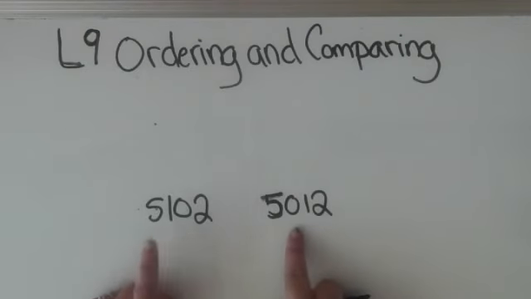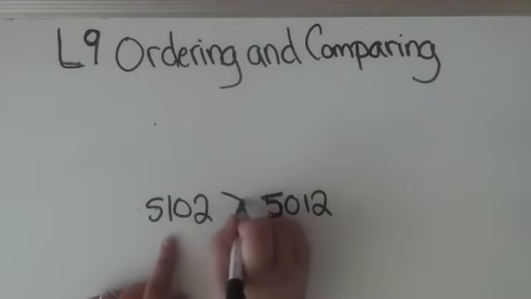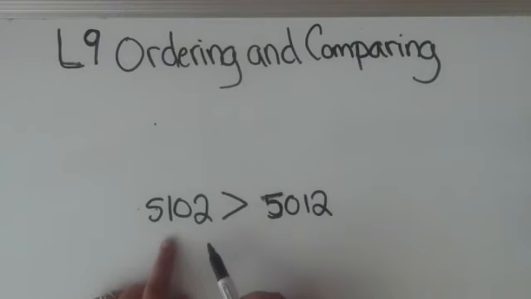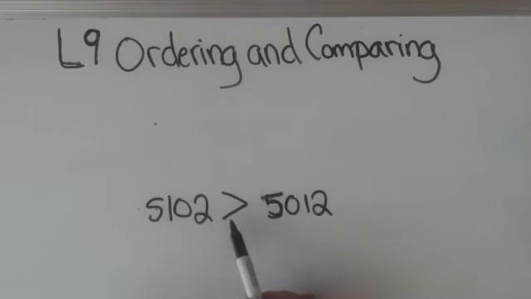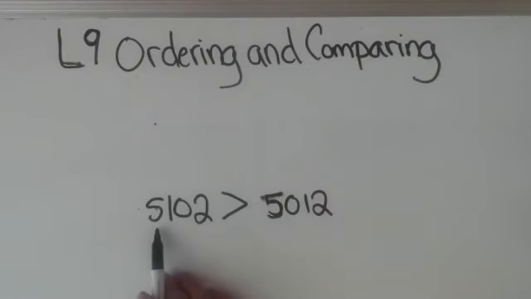That means this one is bigger, so I'm going to use my symbol. And this now says 5,102 is greater than 5,012. Remember, you're not saying "and" when you say those. "And" is very specific. It is a decimal. It's the only time you say it. And there's no decimals right now. So again, that's 5,102 is greater than 5,012.